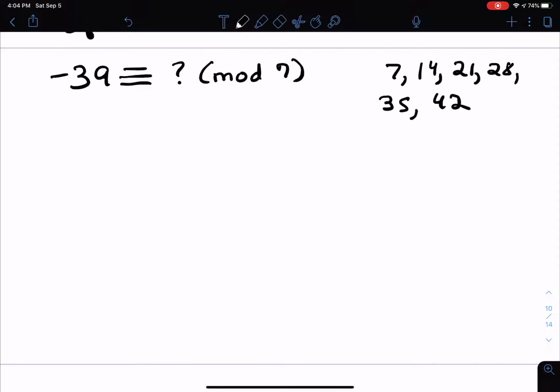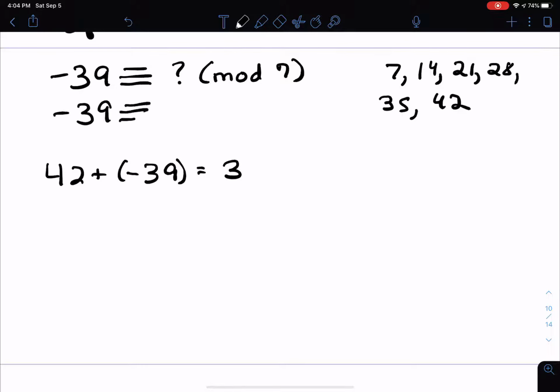All right, 42 is the first multiple that when you add it to negative 39, you get a positive. So you get a 3. So negative 39 is congruent to 3 mod 7. And again, there are multiple correct answers, but typically they're looking for the first non-negative number that you can put in that blank.